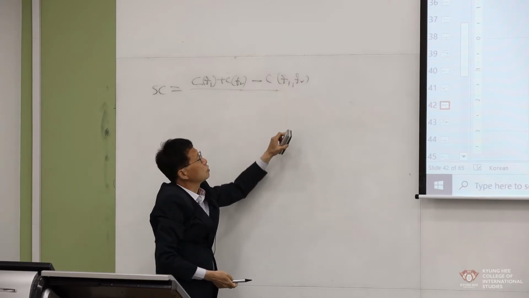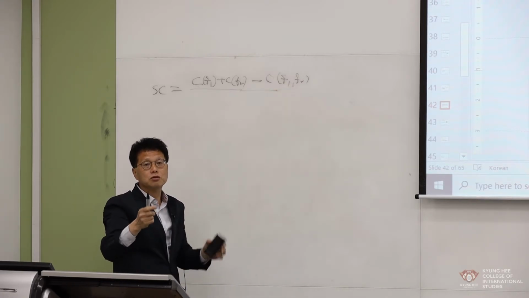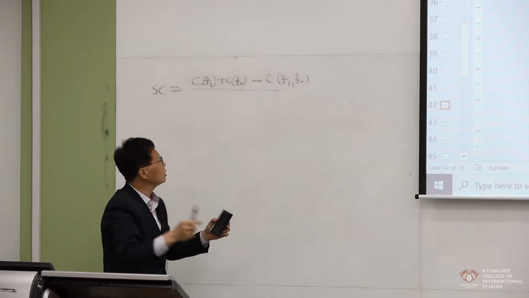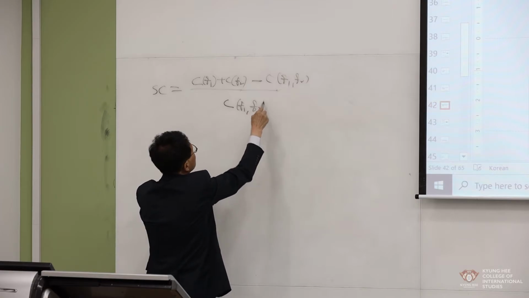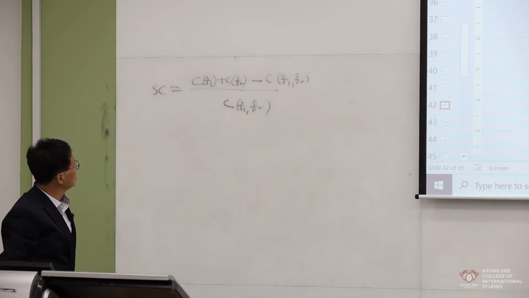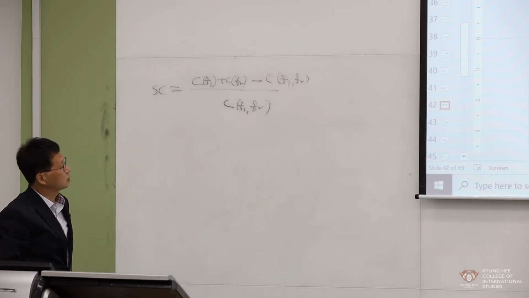That is the total cost of two goods when one firm produces both goods, right? Divided by C(Q1, Q2), right? That is the scale economies in scope, the economies of scope index, the degree of economies of scope.